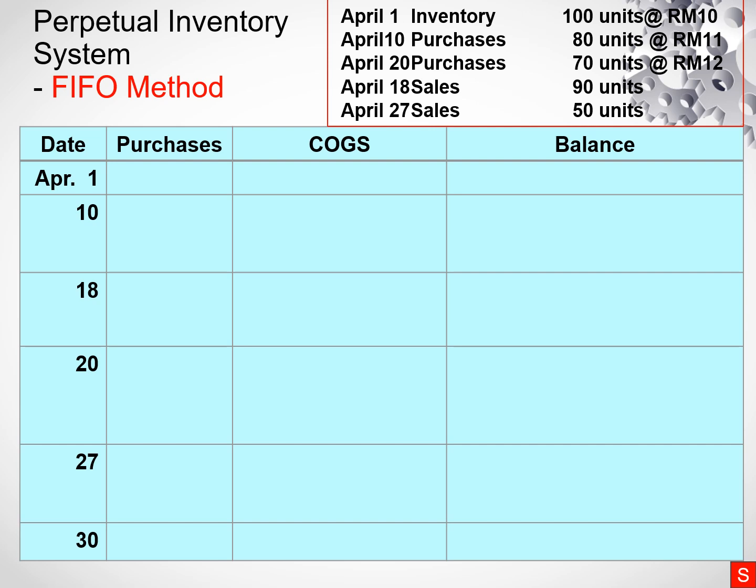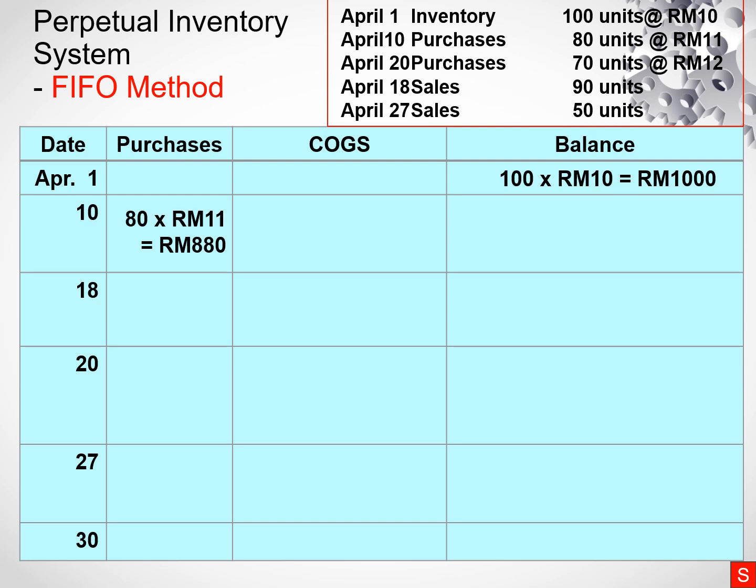Based on the question, April 1st is the beginning inventory. So records the detail in balance column 100 unit times 10 equals to 1,000. The next transaction is on 10 April, that is purchase. So record in purchase column 80 units times 11 equals to 880.